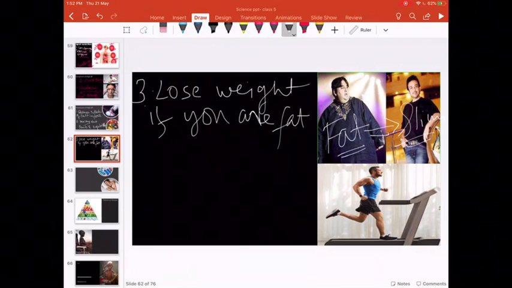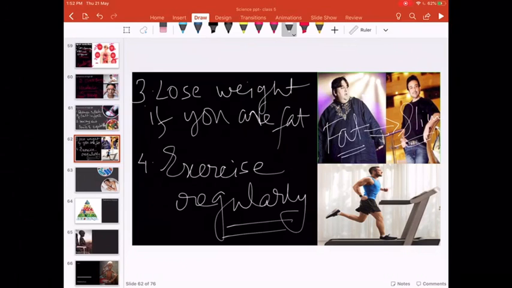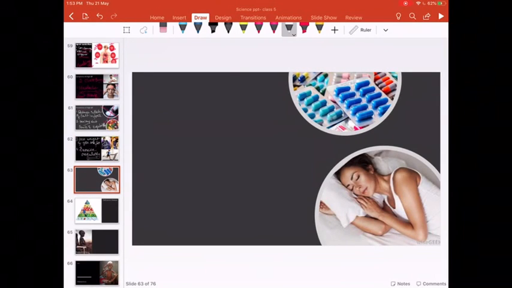Okay? And again, students, exercise regularly. Got it? So these are the few ways.